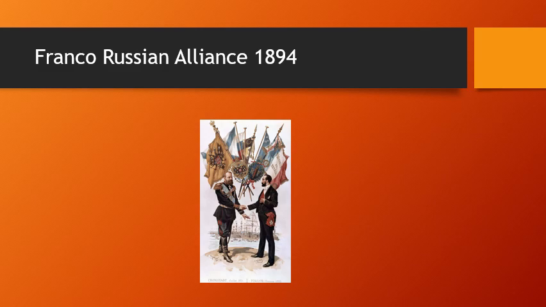So much so that France had agreed to extend up to 8 lakh, 0.8 million troops.